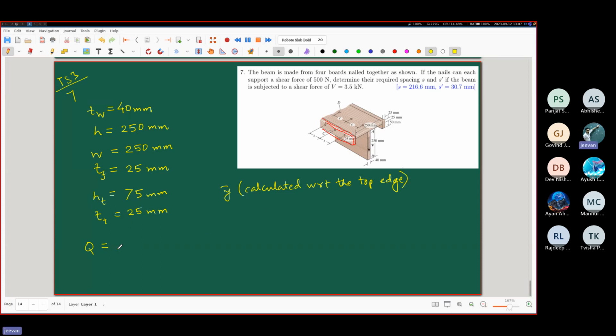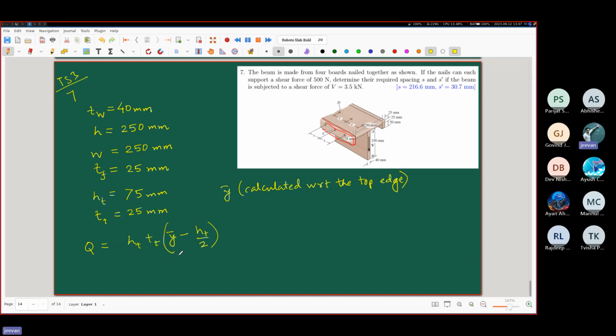Then the Q corresponding to that little bit: thickness is TT, height is HT, multiplied by Y bar minus HT by 2. So HT into TT multiplied by Y bar minus HT by 2. Right?